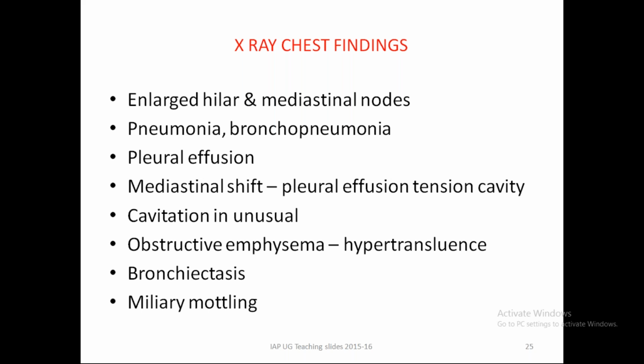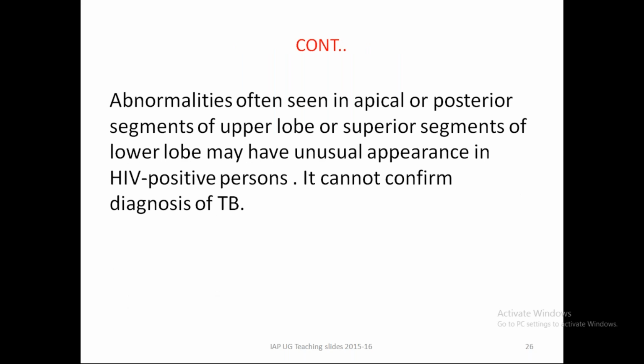Bronchiectasis may be observed, and miliary mottling are the findings. Abnormalities are often seen in the apical or posterior segments of the upper lobe or superior segments of the lower lobe, and they have an unusual appearance in HIV positive persons. It cannot confirm the diagnosis of TB. So already I've told you these are all supportive tests.